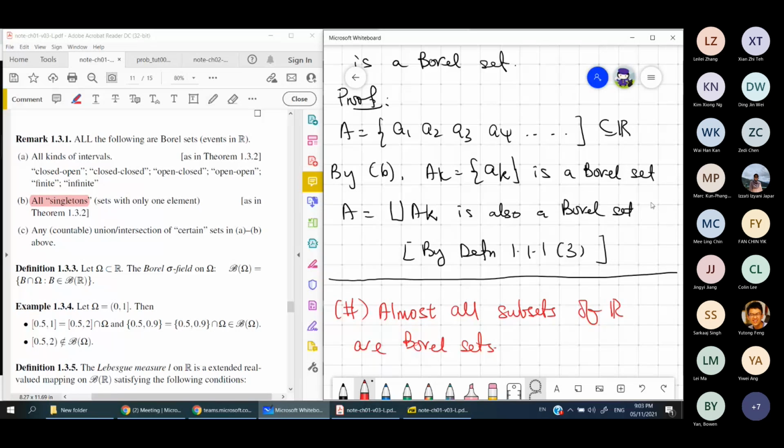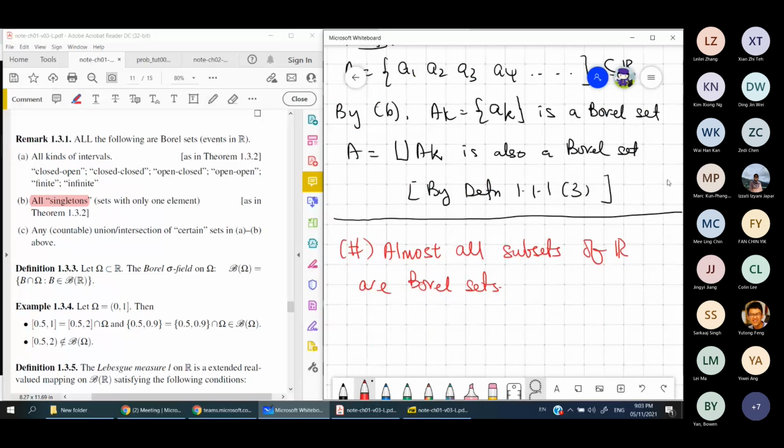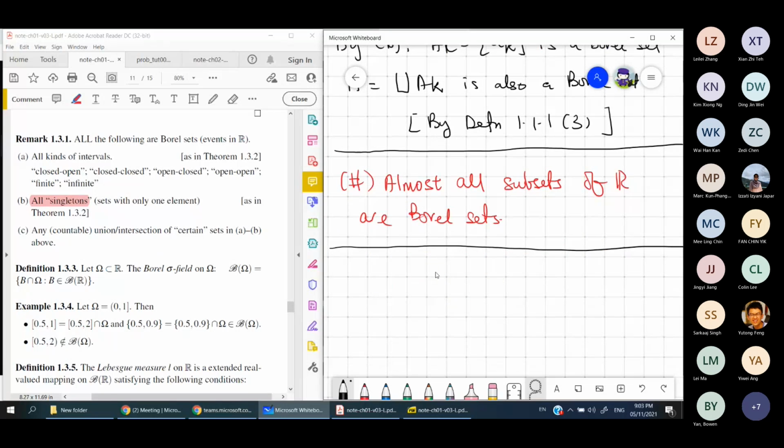Only those where we have to go through a series of very complicated constructions are very funny kinds of subsets that might not be Borel sets. So in future you may always assume that all the subsets are Borel sets. Usually you won't see those non-Borel sets in the rest of your life.